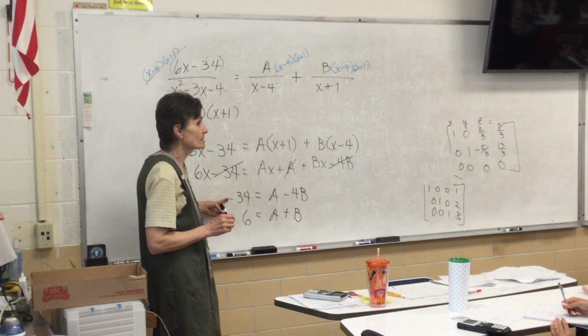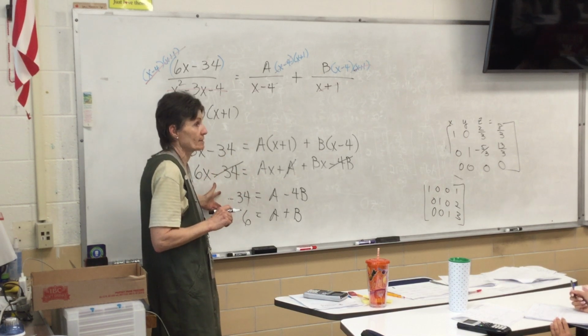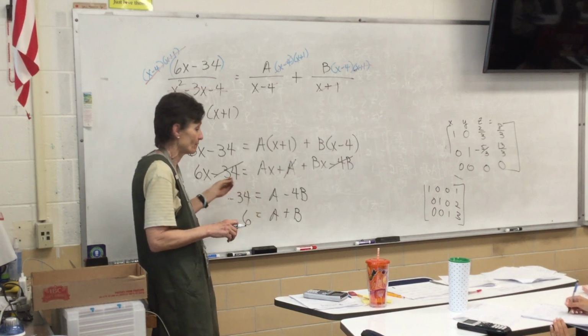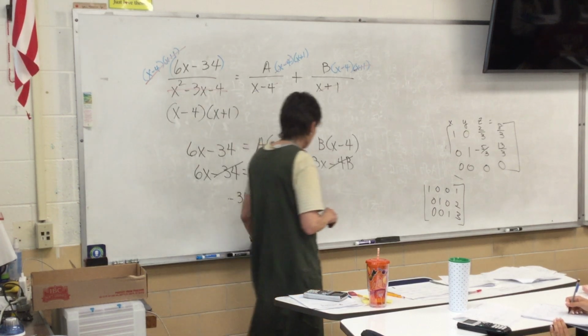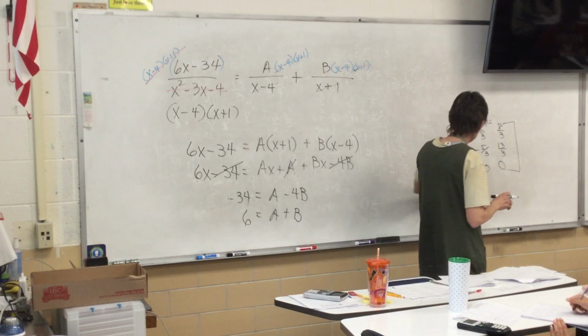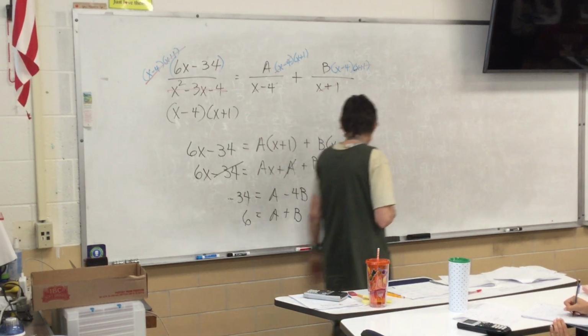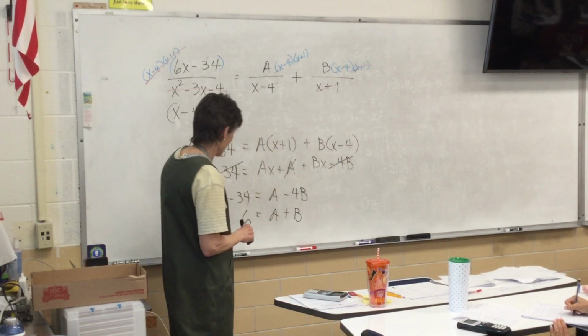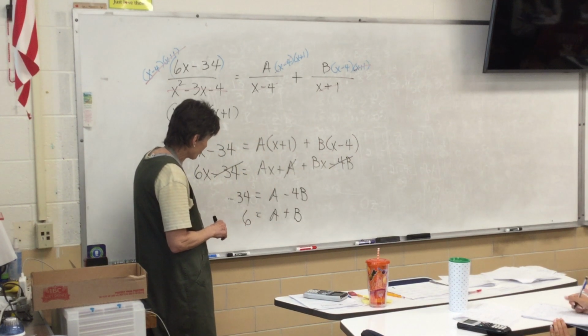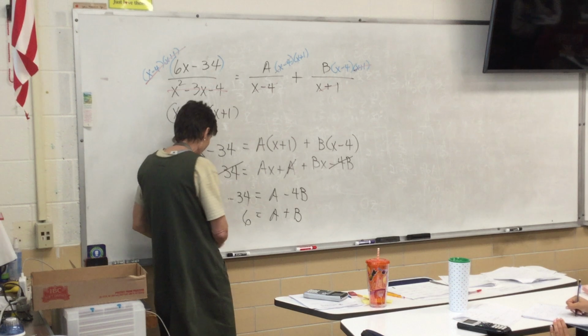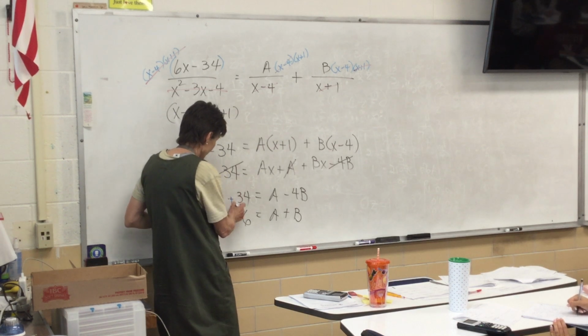A system of equations that can be solved however you want. Substitution, elimination, Cramer's rule, inverse method, I don't care. Solve it somehow. You won't have a calculator, so you're not going to be able to do that. So you probably know what I'm going to do. I'm an eliminator. So I'm probably just going to multiply that top row by a negative.